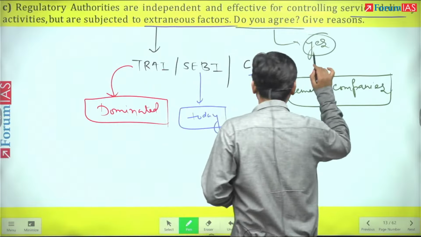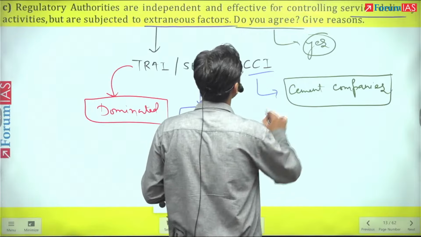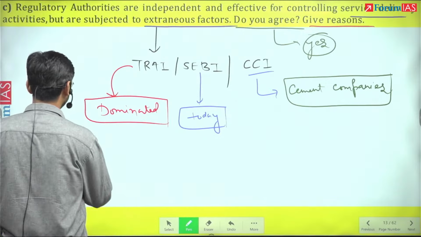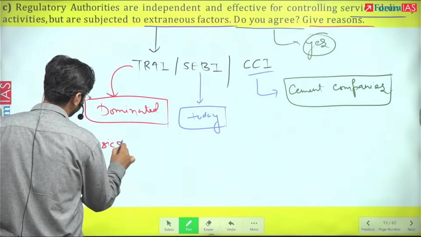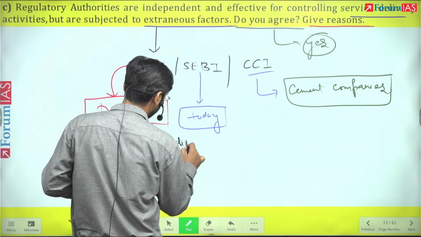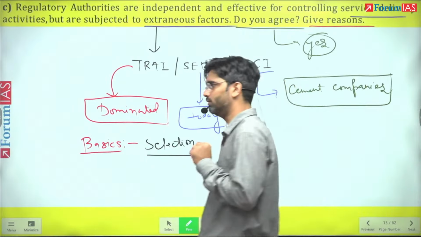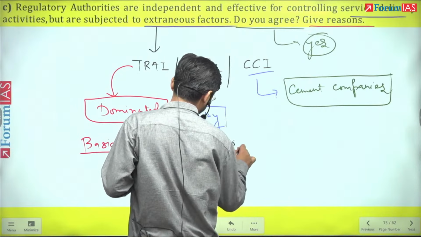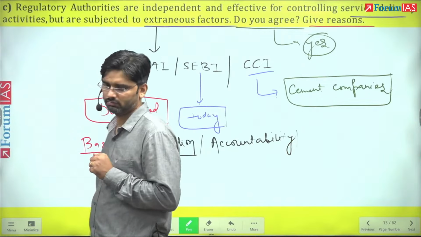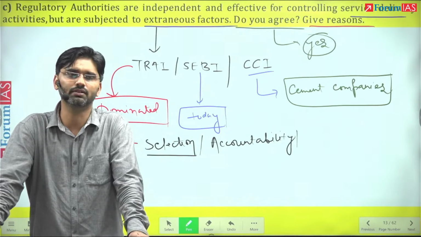लेकिन ये लास्ट में लिखना है, not in starting. Because the question is asking you one thing, give reasons. The reasons start from the basics. The basics are how they are selected. Number 1. The number 2 issue is related to accountability. How many times have we seen Parliament discussing their working? Hardly we have seen.